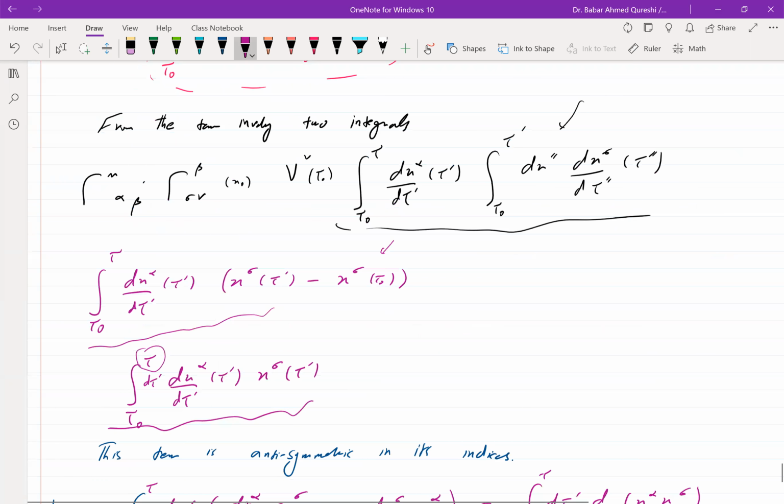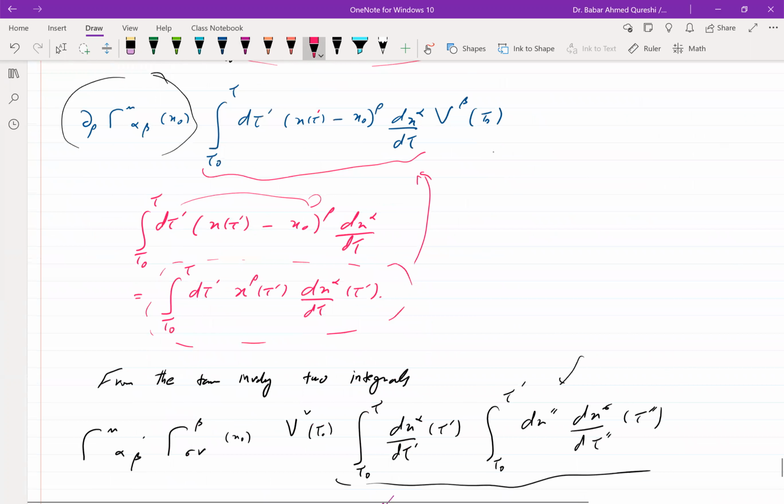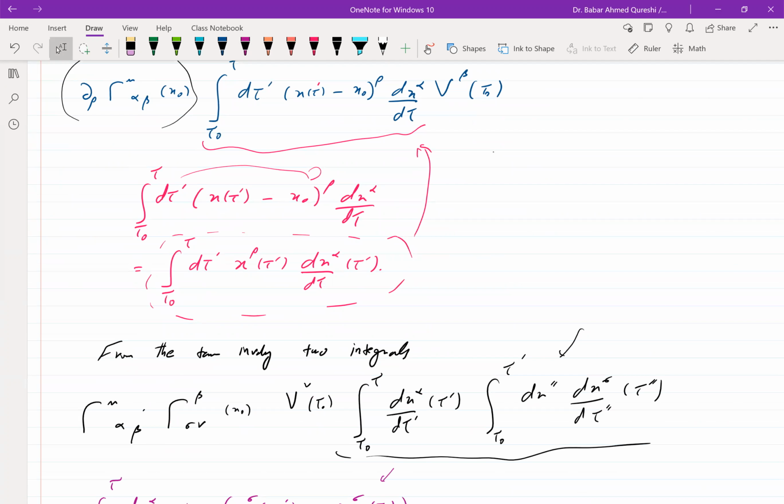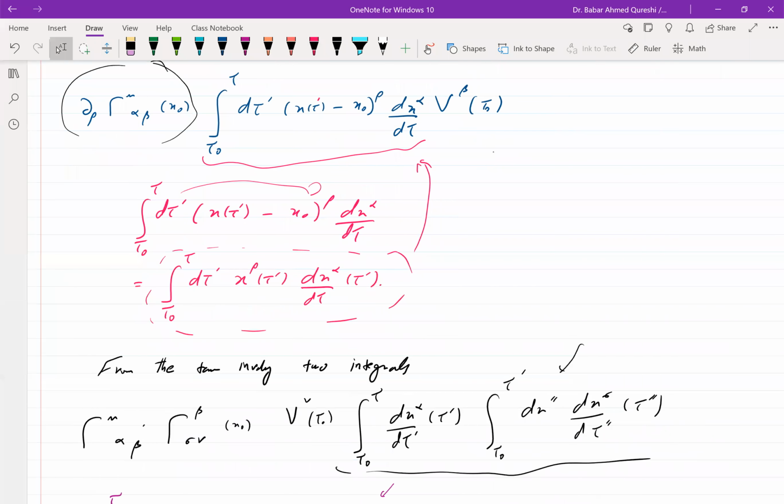So if this is antisymmetric, I can collect these terms. No, this is a mess. Not really. I have rho alpha here. Let me write.